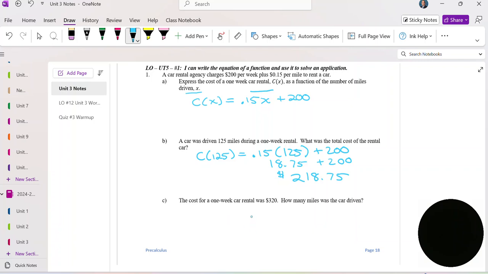All right, then the cost for a 1 week rental was $320. How many miles were driven? So you're going to set 320 equal to 0.15x plus 200. So then you're going to subtract. So you get 120 equals 0.15x, divided by 0.15.